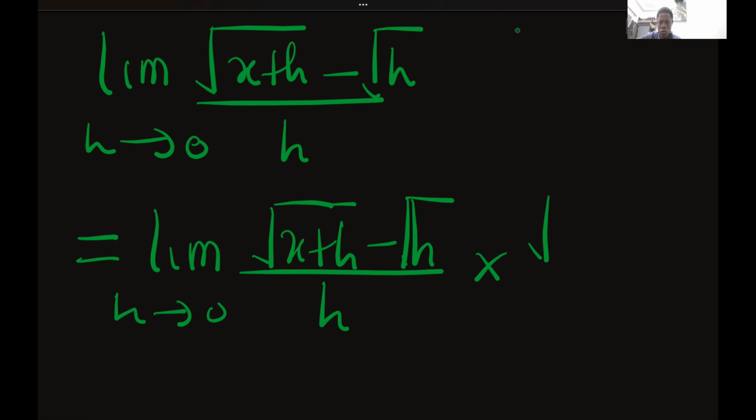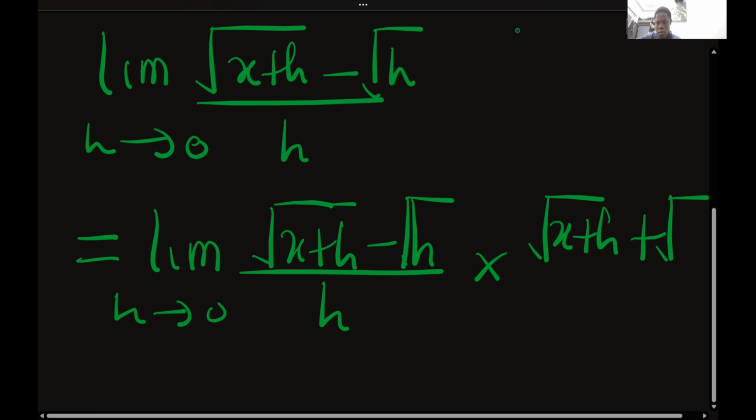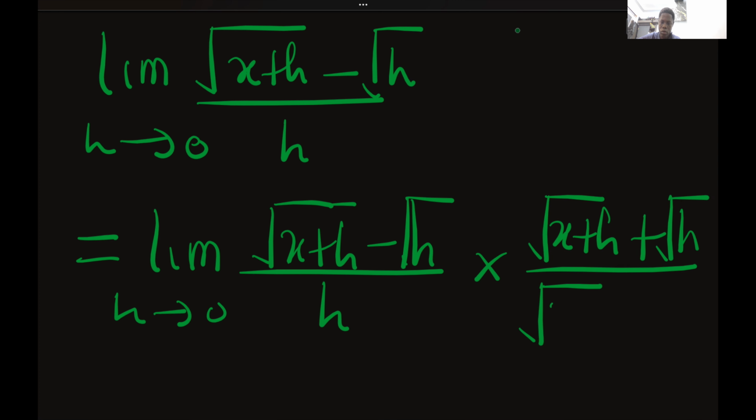So it's going to be square root of x plus h plus square root of h, instead of minus square root of h, all over the same thing, square root of x plus h plus square root of h.